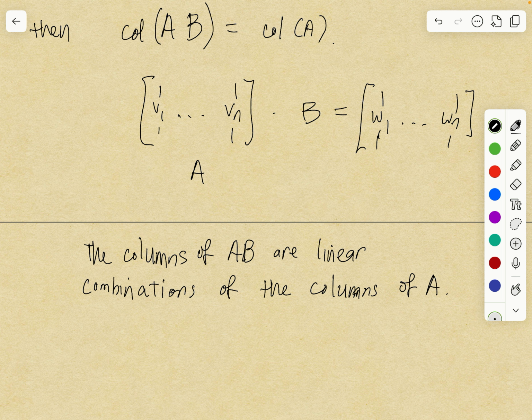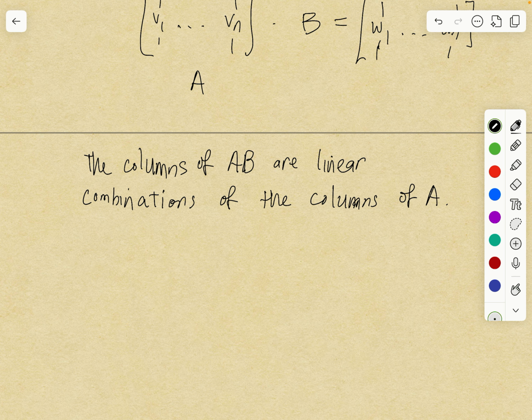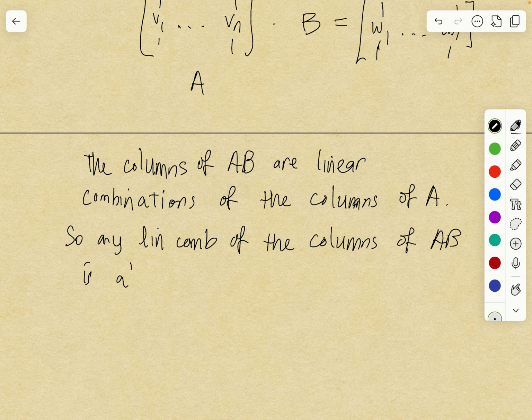So if you take something like 2W1 plus 3W2, and W1 and W2 are themselves combinations of the V's, then 2W1 plus 3W2 must also be a combination of the V's, so a combination of the columns of A. So, let's write that down: any linear combination of the columns of AB is also a linear combination of the columns of A.